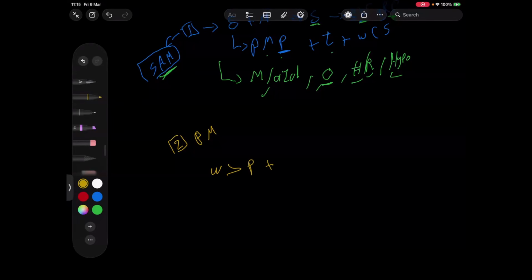Plus, what are you going to find here high? Really high CK. CK in SAM is usually going to be normal, except if you have rhabdomyolysis. So the weakness is more than the pain.